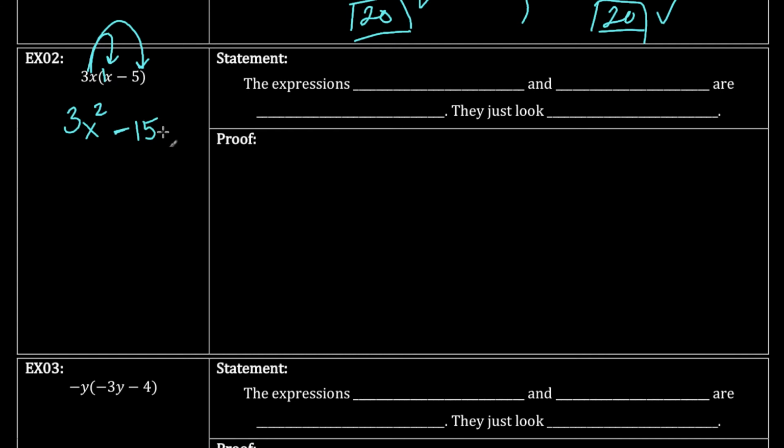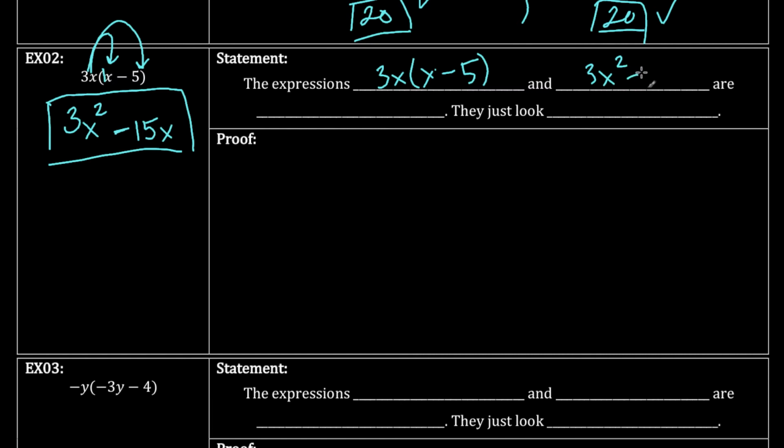X times no more x's is just x. So the expressions 3x times x minus 5 and 3x squared minus 15x are equivalent. They just look different.